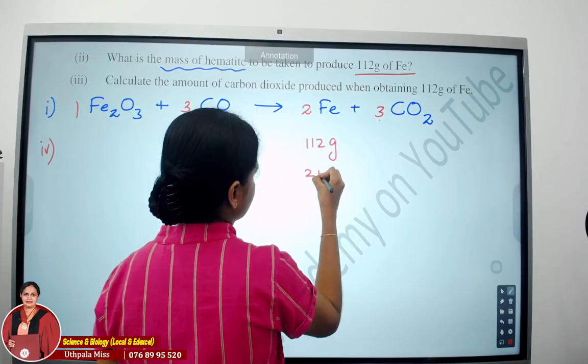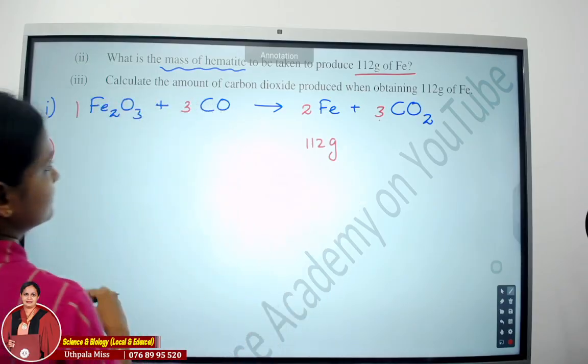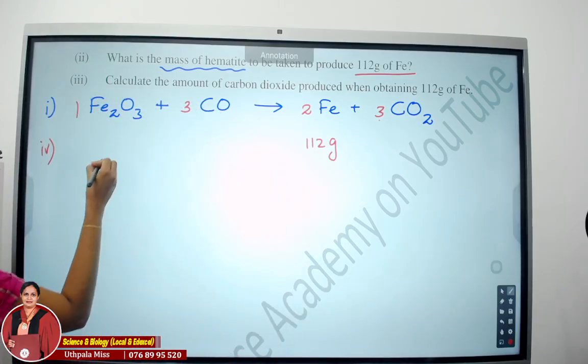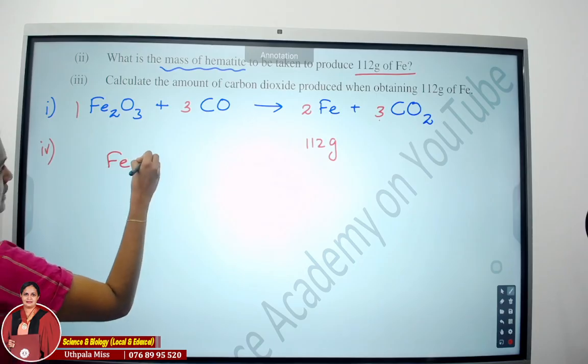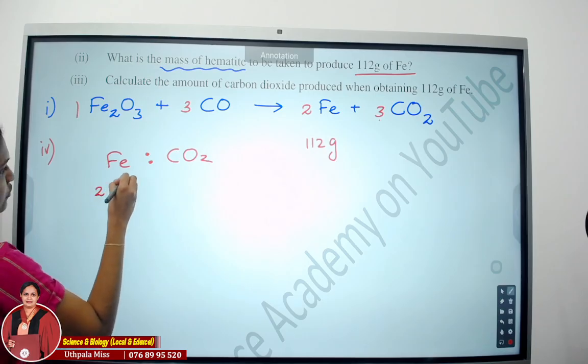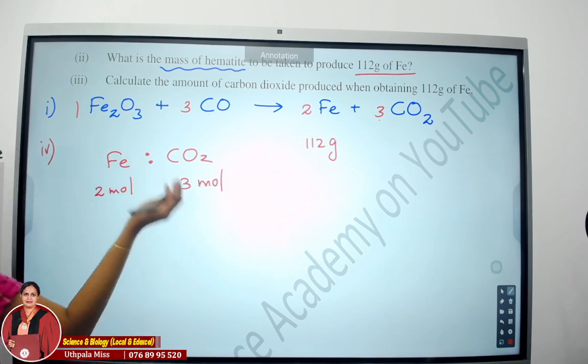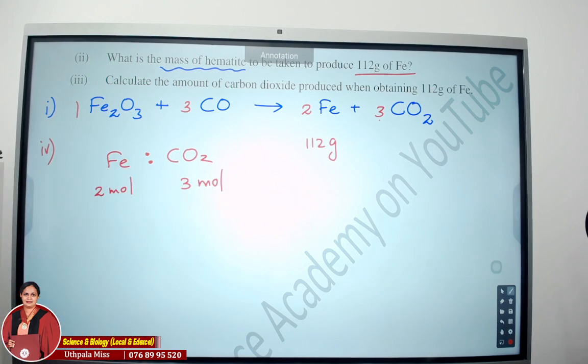It's 2 moles. Then we can obtain the molar ratio, which is clearly shown: Fe and carbon dioxide. To obtain 2 moles of iron, 3 moles of carbon dioxide is also produced.